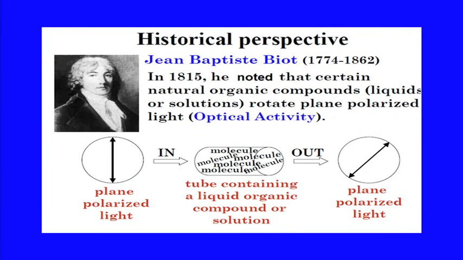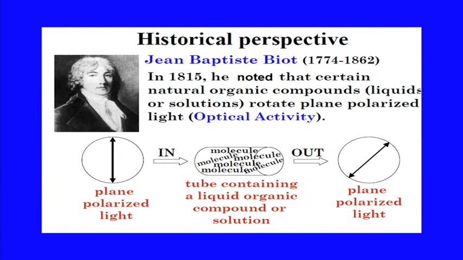But as I told you, this does not happen with all compounds. There are some particular compounds which have this typical property, and he called the rotation of this plane polarized light optical activity, and these molecules he called optically active molecules. The reason for this rotation of the plane of polarization was not known at that time.